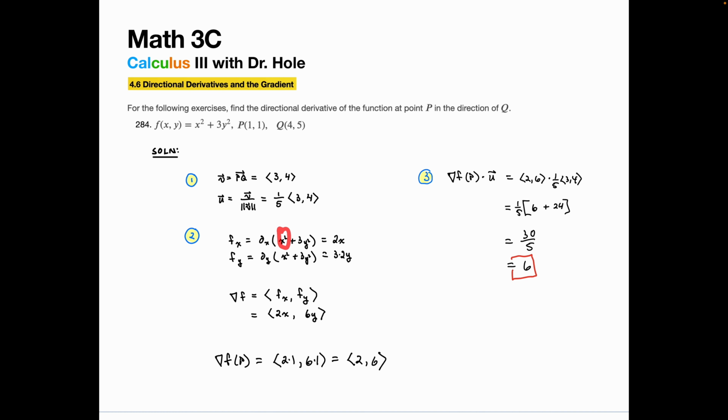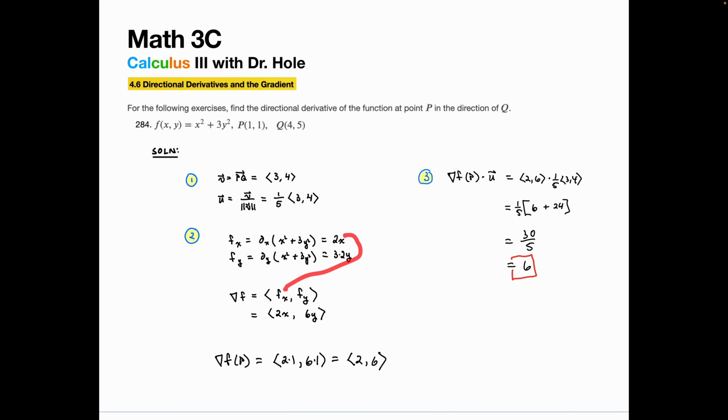It's a polynomial, x squared plus 3y squared. The second term, 3y squared, has nothing in x, therefore it's a constant in x, and therefore it will not change as you change x's, so that goes to 0. And the normal derivative of x squared is just 2x. So likewise, f sub y gives you 3 times the derivative of y squared, 3 times 2y.